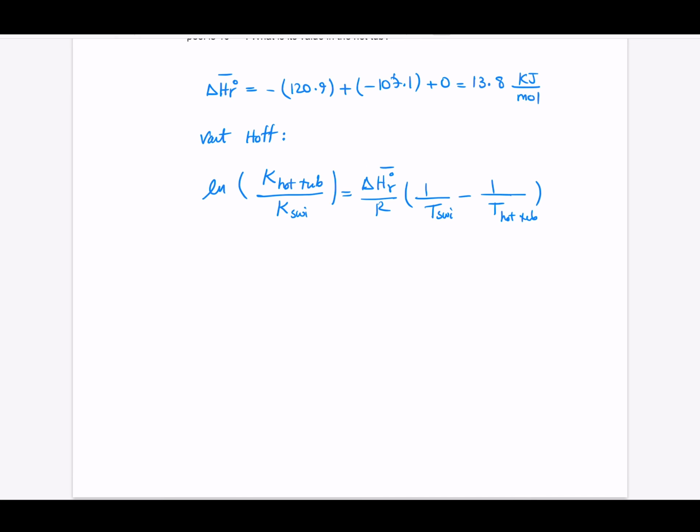So we have 3 out of 4. We have the temperature of the swimming pool, which is 25 degrees C, 298 K. We have K of the swimming pool, which is 10 to the minus 7.53. We have the temperature of the hot tub, 40 degrees C, and the K of the hot tub is missing.